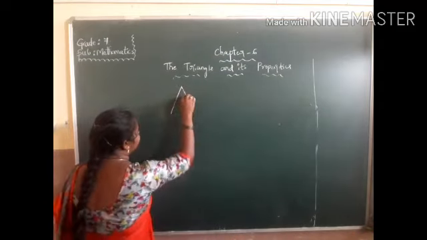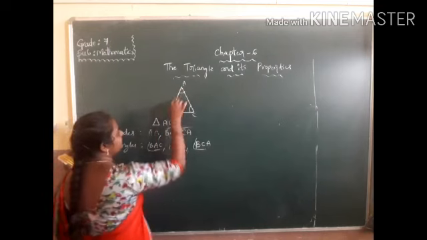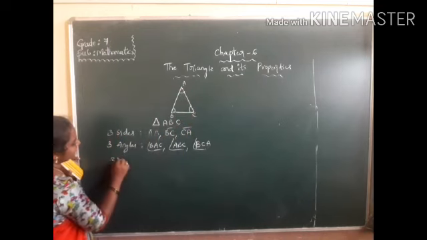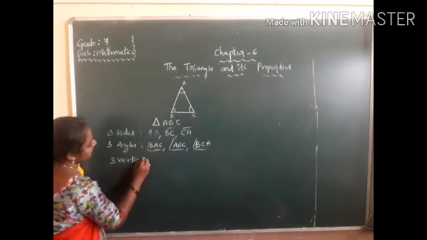It contains 3 angles also. How many angles? 3 angles. That is angle BAC, angle ABC, angle BCA. How many vertices does a triangle contain? 3 vertices.